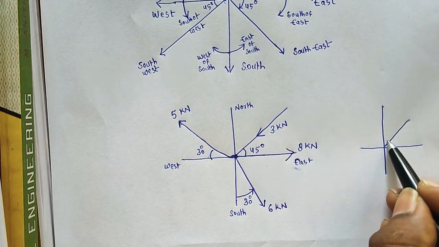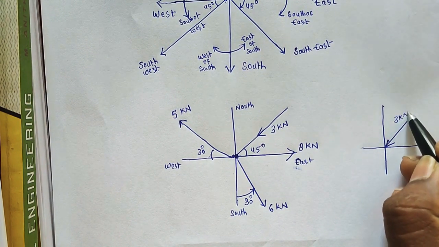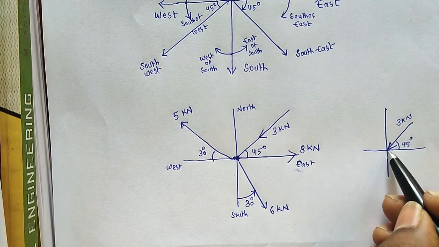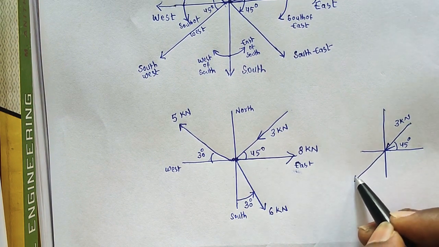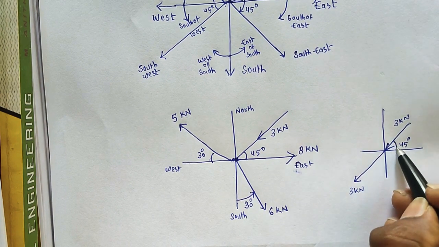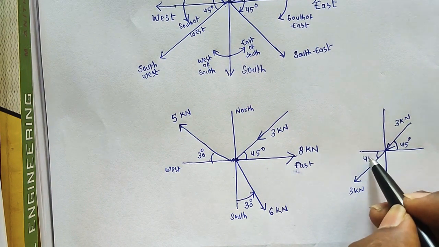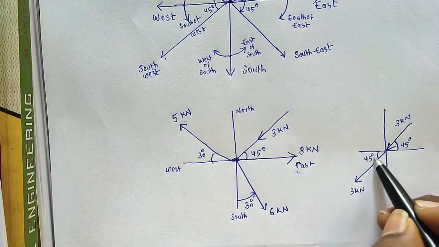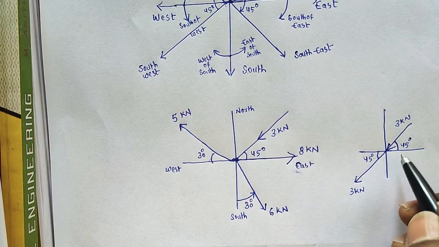So this is 3 kilonewton. It is making an angle of 45 degrees. So we can extend this line like this. This is 3 kilonewton. If this is 45 degrees, this one also becomes 45 degrees. So these two angles are the same. From mathematics we already knew that.